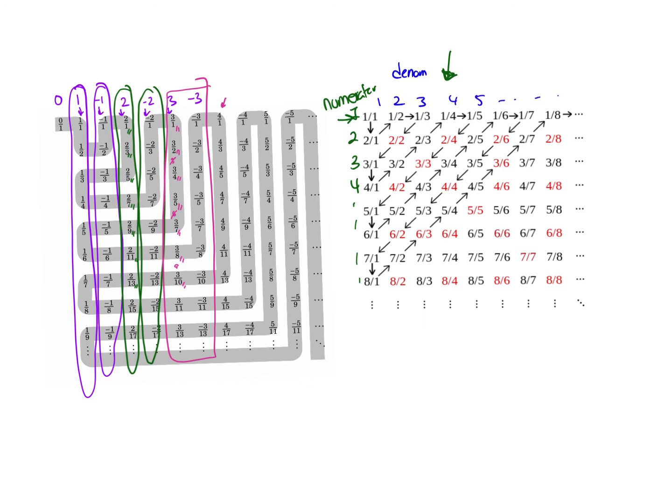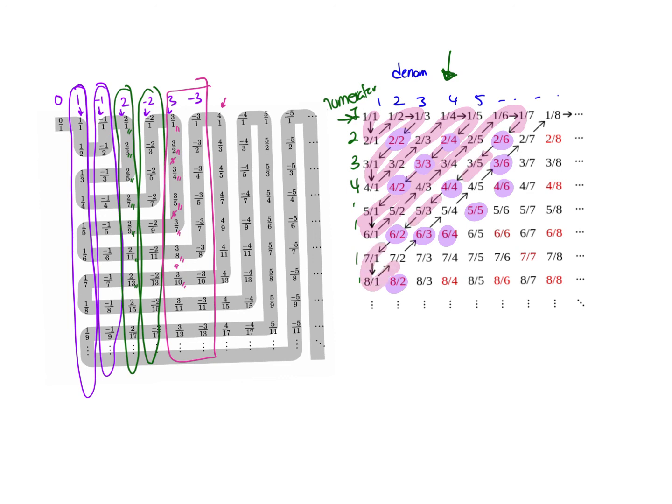And they did this typical snake pattern. And the ones they highlighted in red, which I'll highlight again in purple, those are just the ones they skipped because they weren't in lowest terms, so they were already listed in a different spot. So we just skip over anything that's not going to be in lowest terms, and then we snake through.